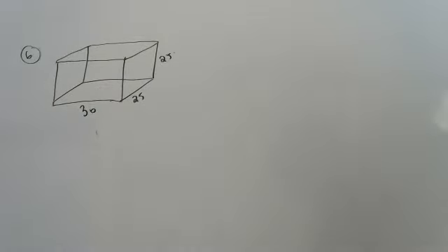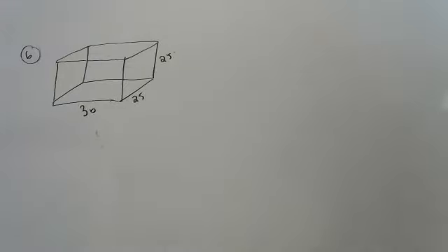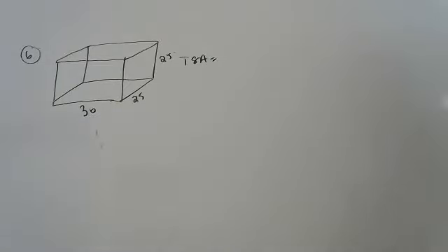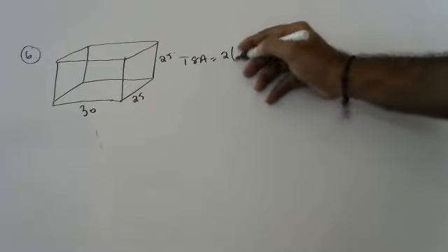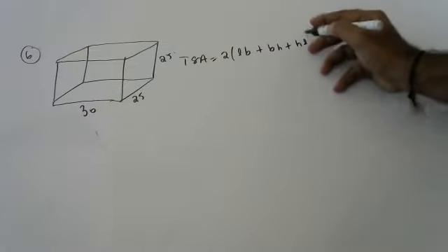The first question is: what is the area of the glass required, and how much tape is required for 12 edges? Area of the glass means what you find out? TSA. So what is the formula of TSA, children? 2 into LB plus BH plus HL.